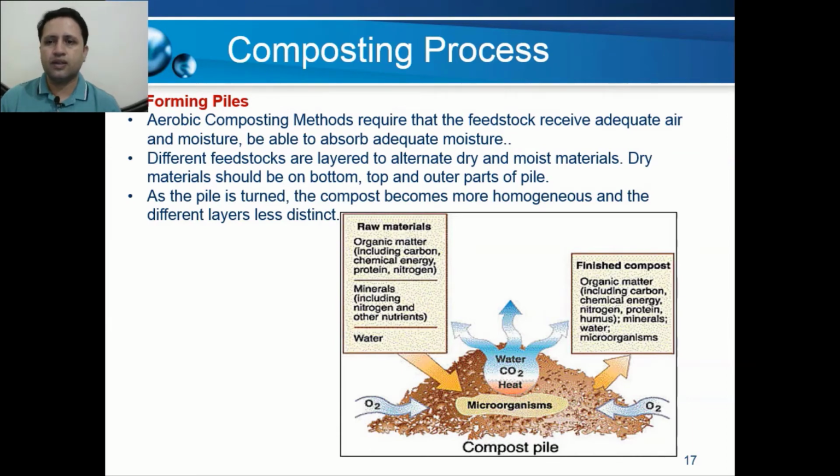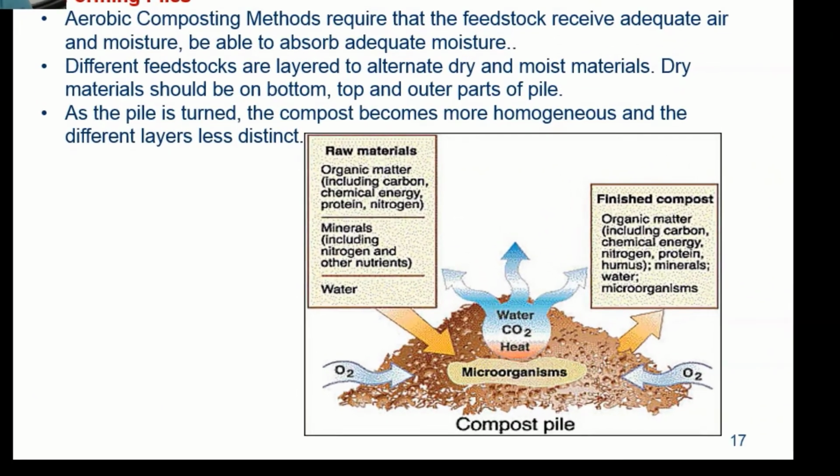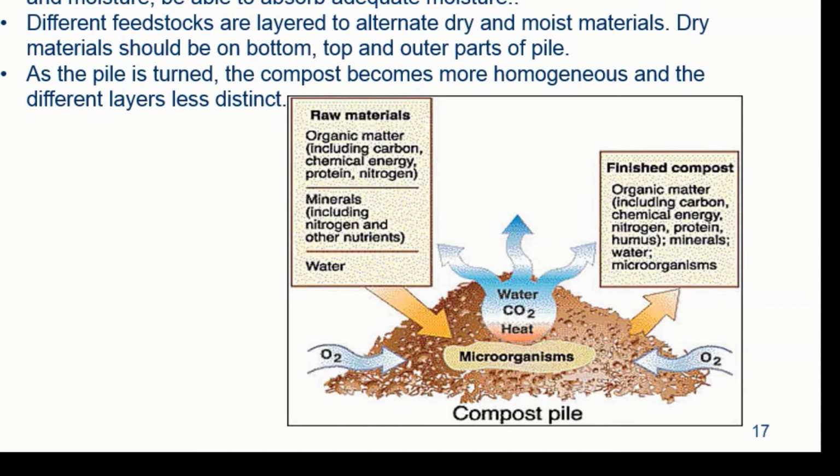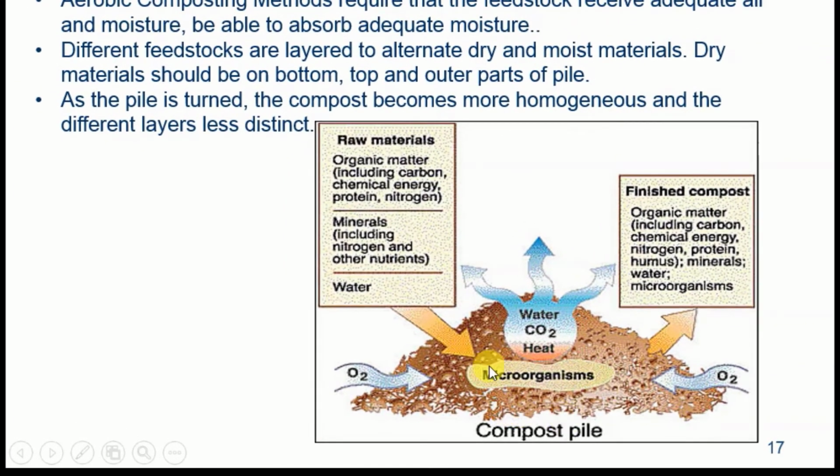Dry material should be on the bottom, on the top, and in the outer parts of the pile. As the pile is turned, the compost becomes more homogeneous and the different layers less distinct. In this diagram, you can see a general diagram of a compost pile.